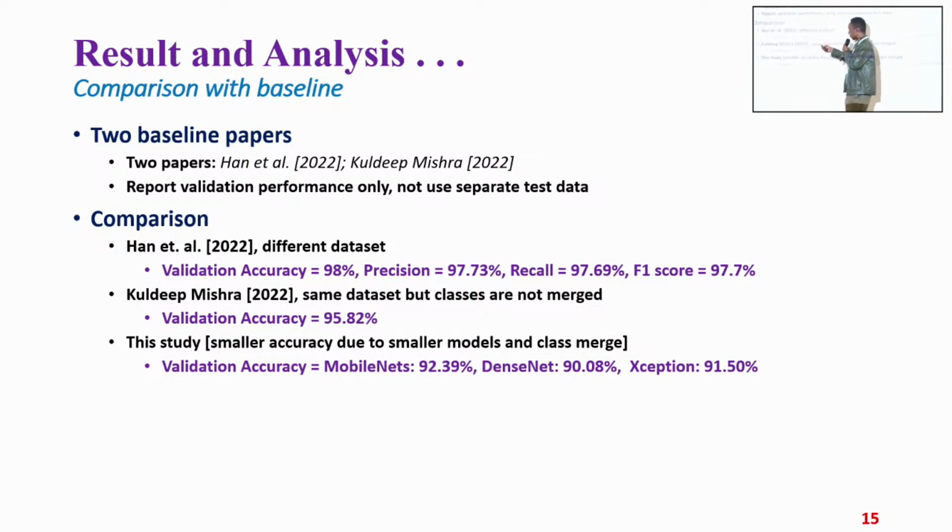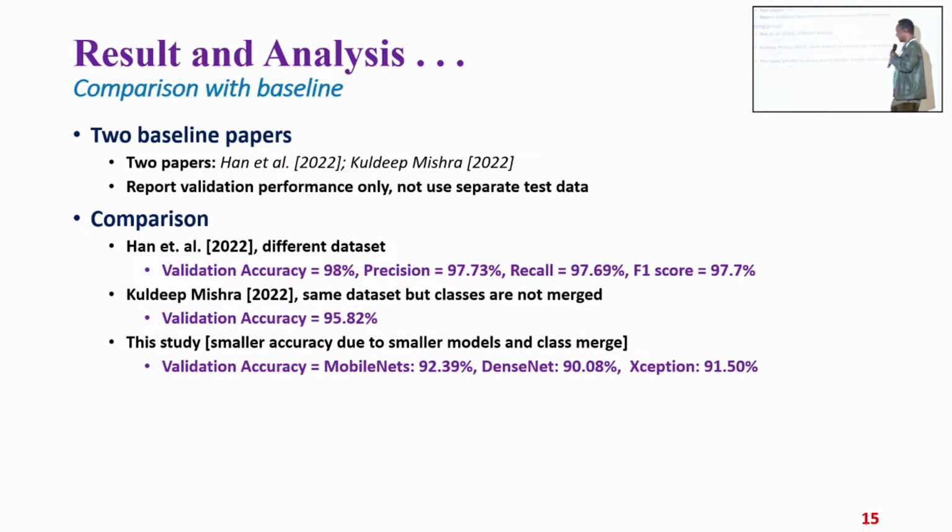This one we use the same data set, and the validation accuracy obtained is 95.82%. Ours scores BaseNet for 92.39%. The previous one is on recall. This one is on accuracy to compare with the baselines. You see? So our work is somewhat competitive, especially with this one.